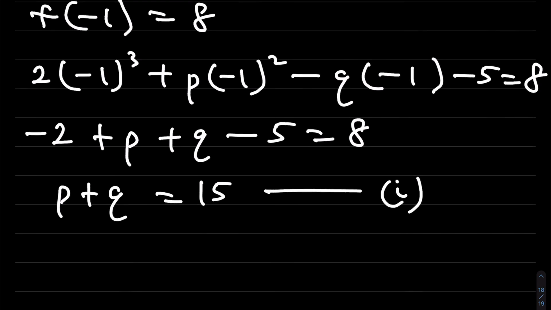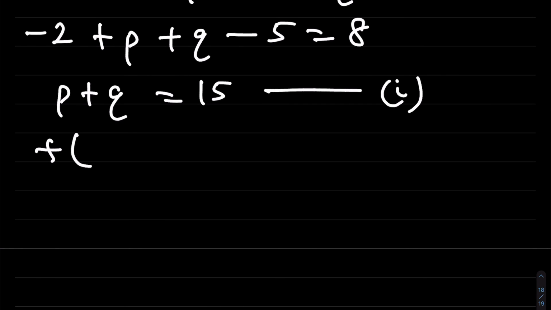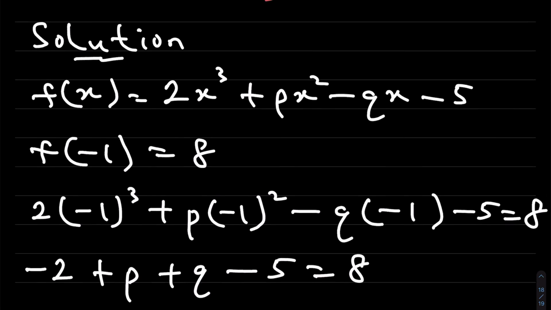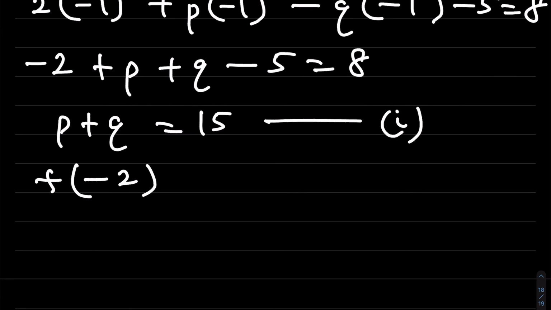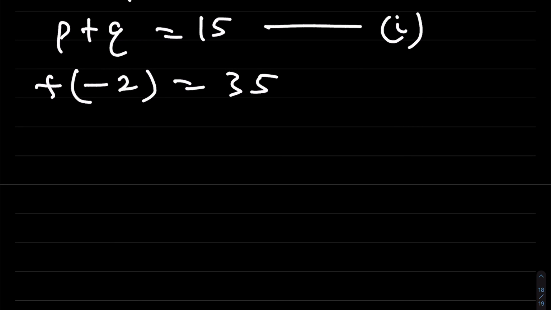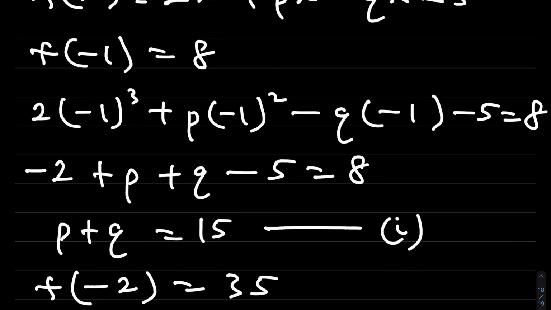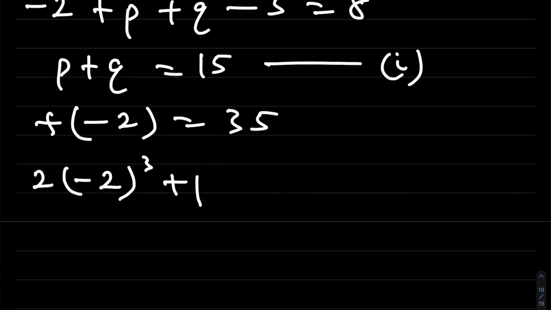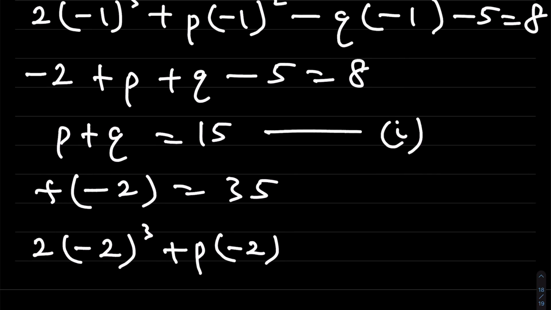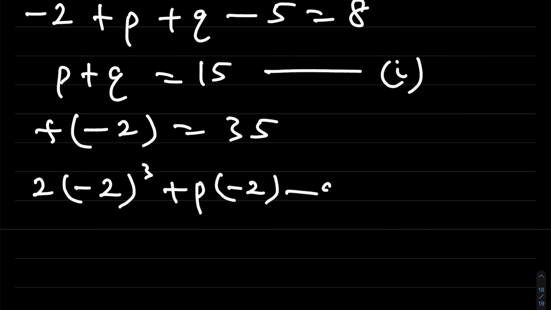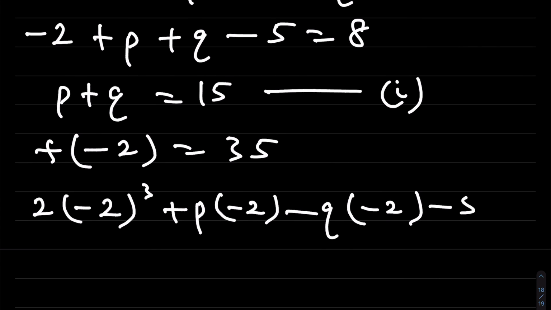Now, when f of x is divided by x plus 2, the remainder is 35. That simply means f of minus 2 is 35, which means 2 times minus 2 cubed plus p times minus 2 squared minus q times minus 2 minus 5 equals 35.